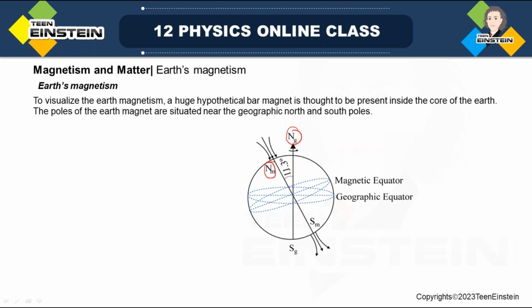There is an angle between them. So what is the geographic axis actually?